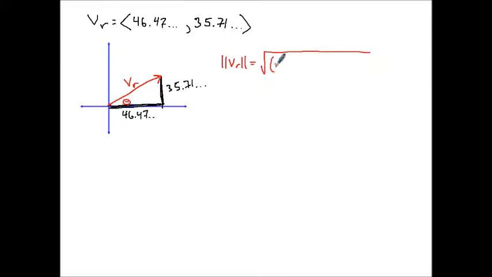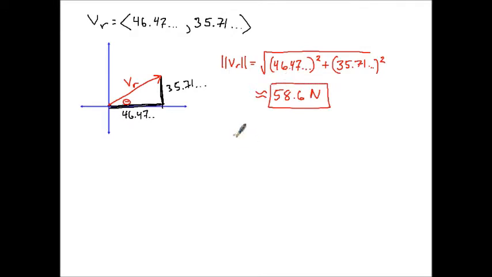So we take my 46.47 decimal. And one thing I probably could have mentioned earlier is it's a very good idea to save that in your calculator's memory if you don't have an Inspire. 35.71 dot dot dot, squared. Okay, punching the buttons on that gives me approximately a 58.6 Newton magnitude for my vector resultant. Alright, so there's one of my two answers.